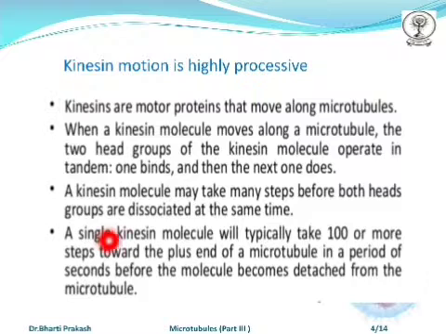Both the head groups of kinesin are dissociated at the same time. But before that, the molecule takes many steps. Typically, a single kinesin molecule takes 100 or more steps in a period of a few seconds towards the plus end before the molecule becomes detached from the microtubule.